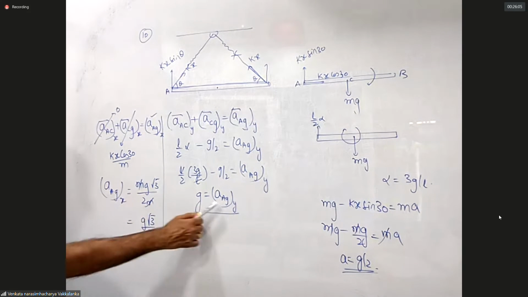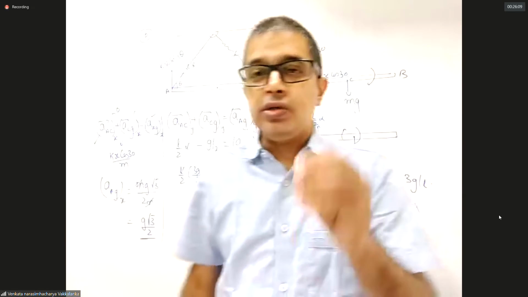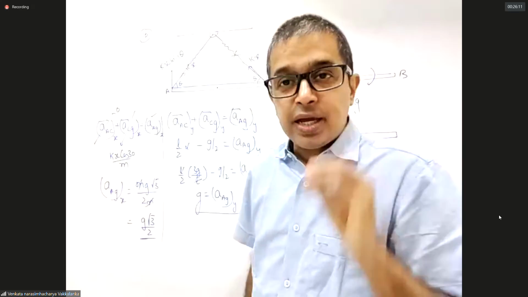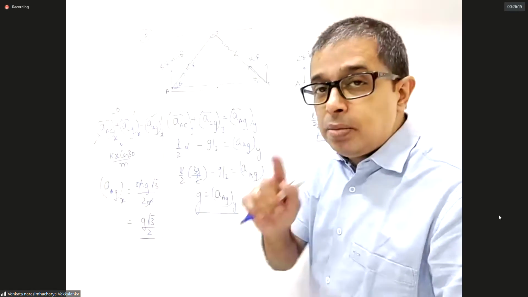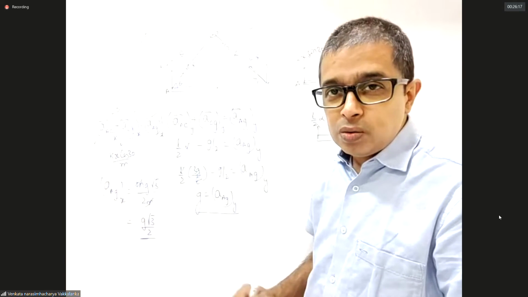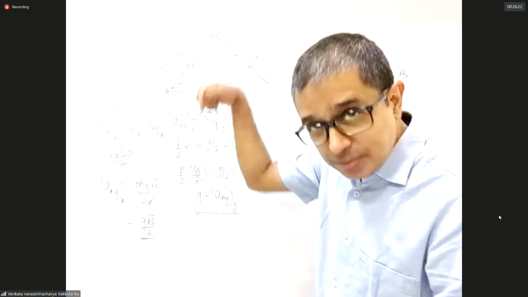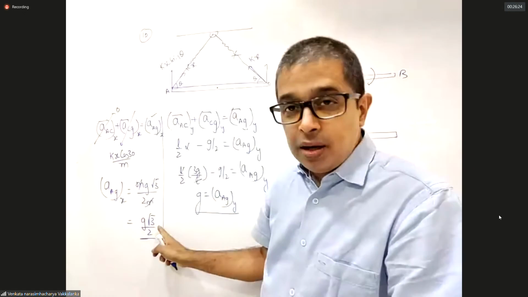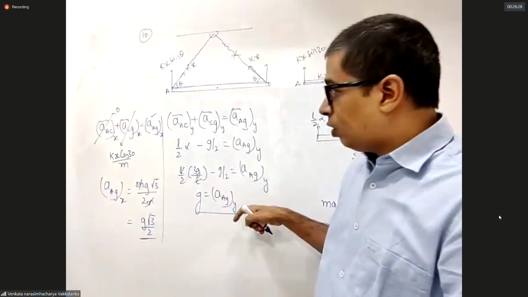This is along x-axis, this is along y-axis, depending on how he reports. If he reports it along i cap, j cap, next to this write i cap, next to this write minus j cap. Positive i cap, right? Because this is in the downward direction.